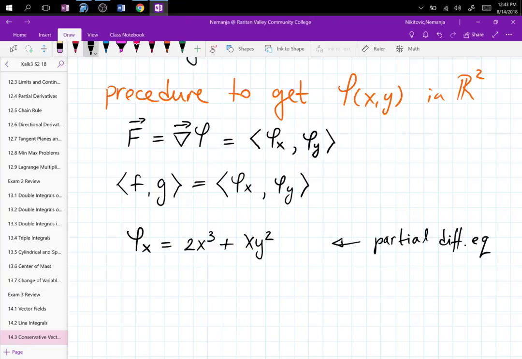Because you have an unknown function phi, and you have a partial derivative in respect to x of that unknown function phi. The answer for any differential equation, if you never took Calc 2, is a function.